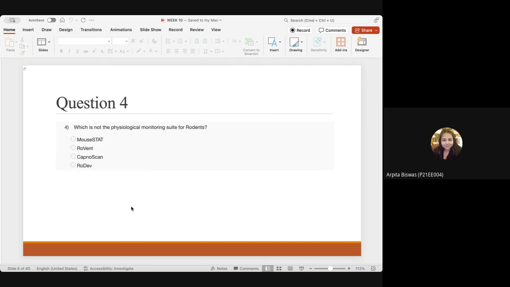So this is the question number four: which is not a physiological monitoring suite for rodents? So what is the right option? Yes, the right option is option D. Okay.